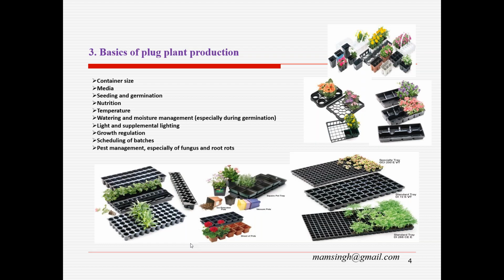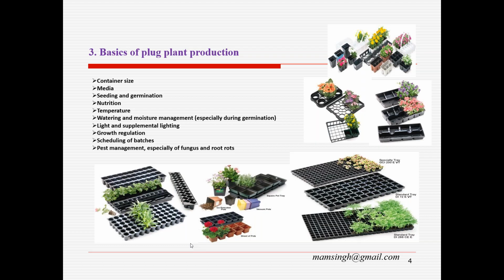Normally, a temperature of 20 plus or minus 2 degrees is very good for the maximum number of seeds to germinate. And the humidity inside the greenhouse or nursery structure, or wherever we are growing inside the protective structure, should be maintained at 60 to 65%.